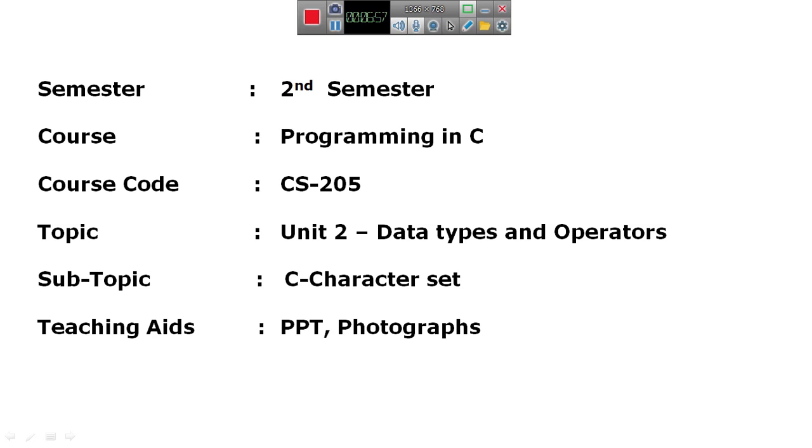With the help of those symbols, we draw the flowcharts for a specific problem. Generally, first we write the algorithms.